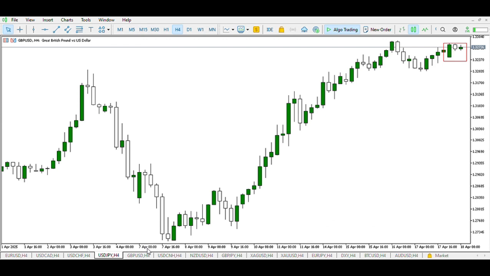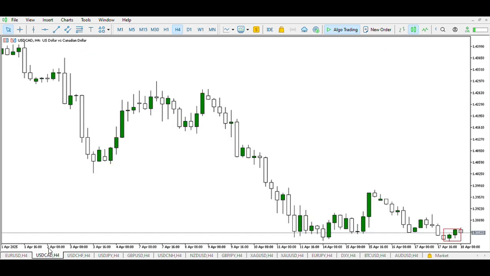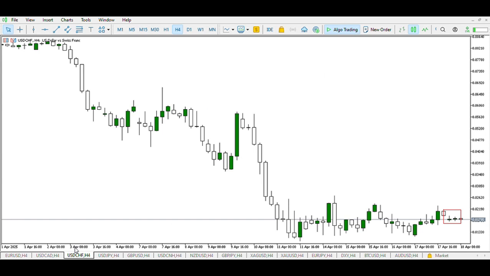GBP USD accounts for 9.6%. AUD USD accounts for 5.4%. USD CAD accounts for 4.4%. USD CHF accounts for 3.5%. And these are major forex pairs.